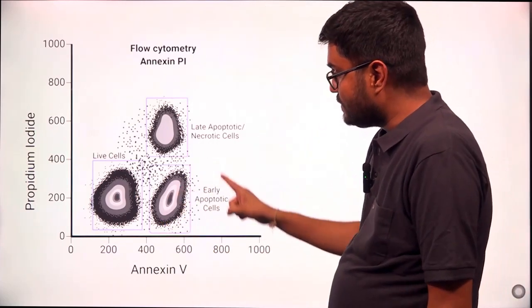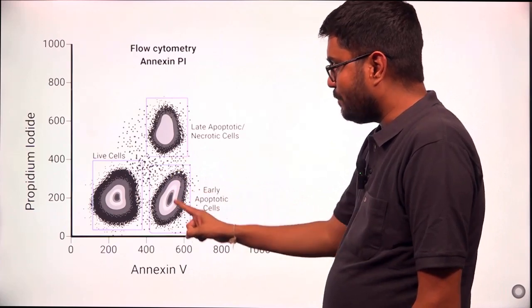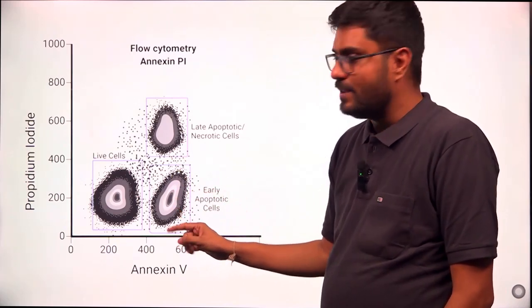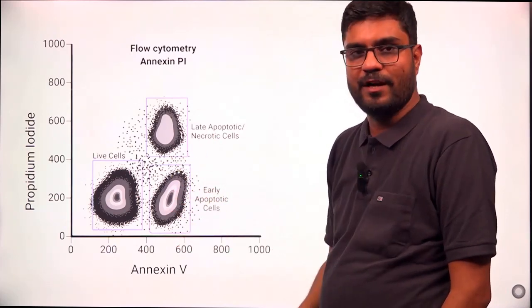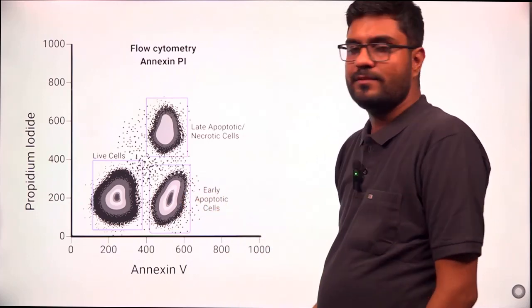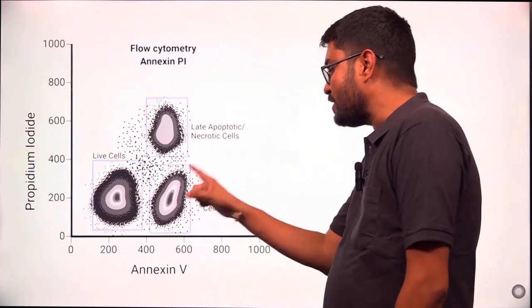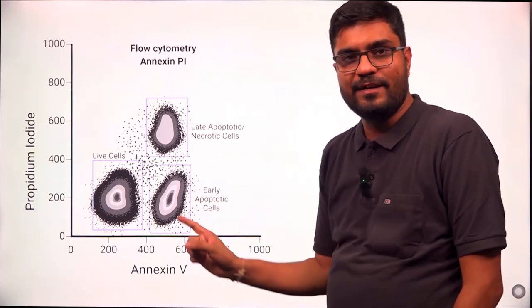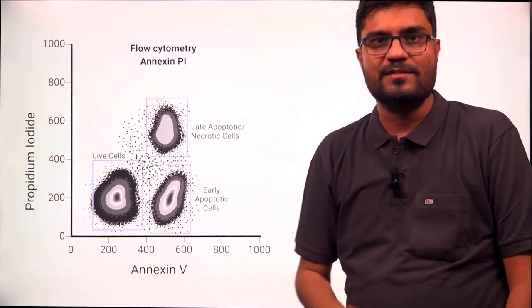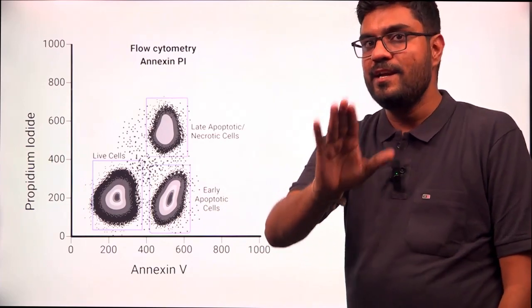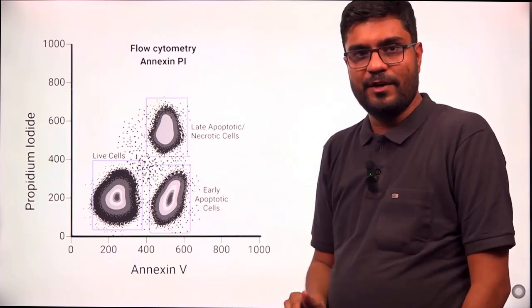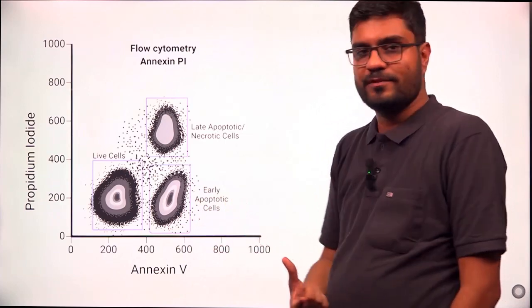Now these cells are positive for Annexin-5 but negative for propidium iodide. This is the lower right quadrant. Positive for Annexin-5 means they have entered into the process of apoptosis, but they are still not dead because they are negative for propidium iodide. So we are going to call them what?